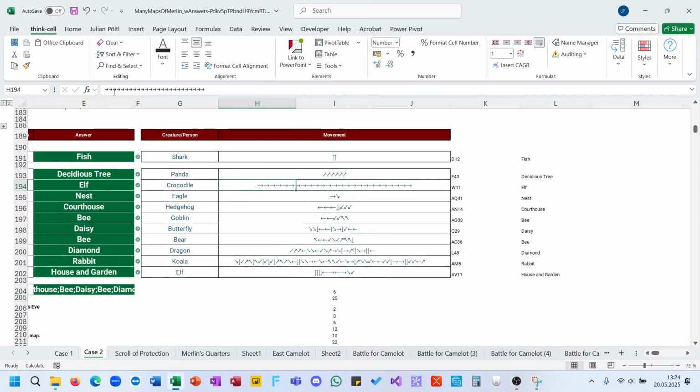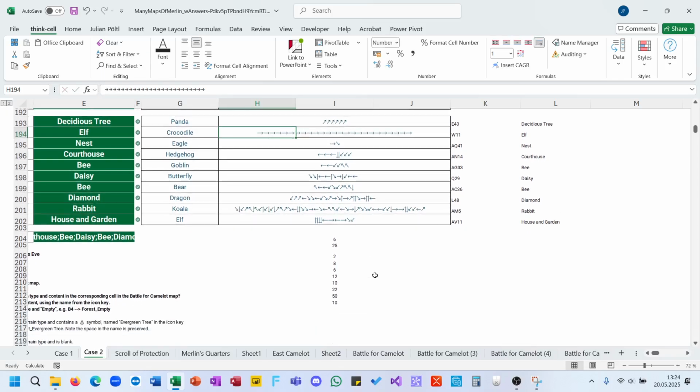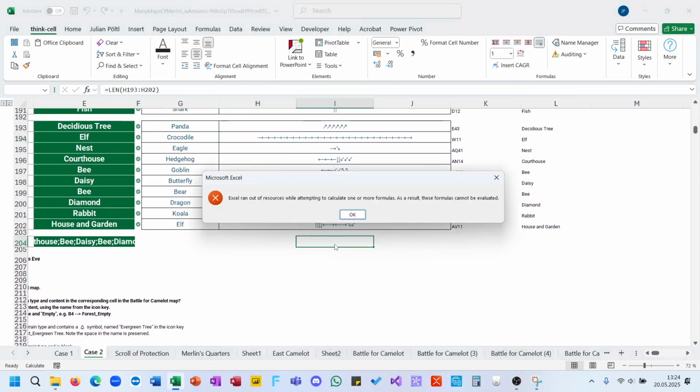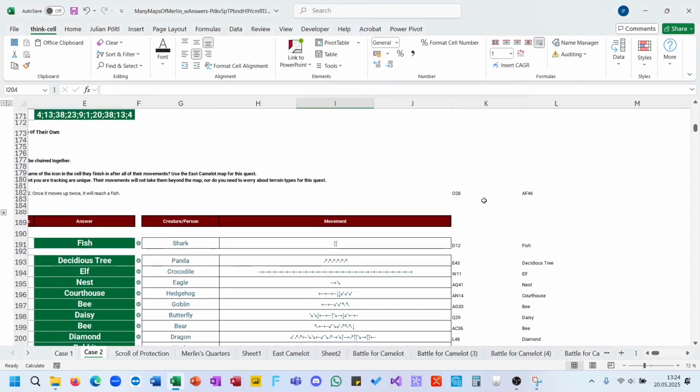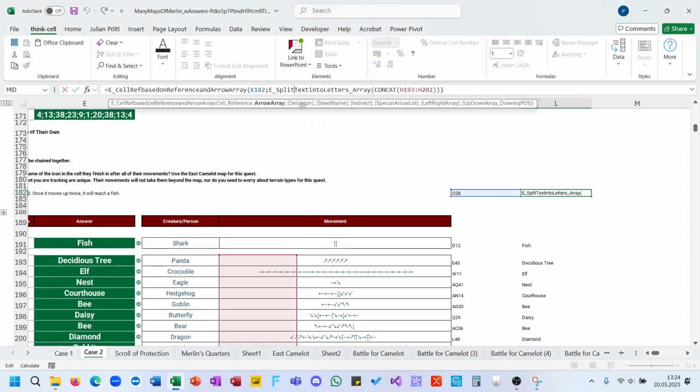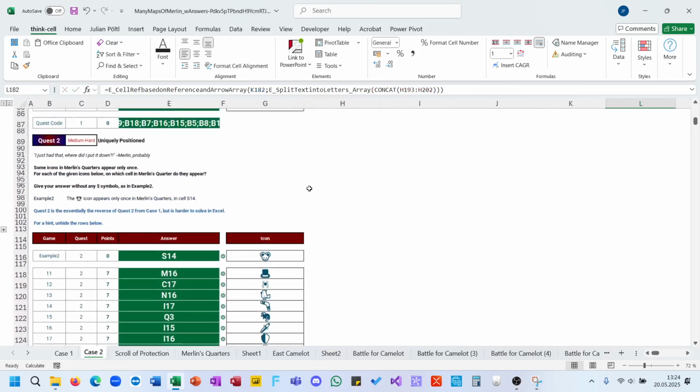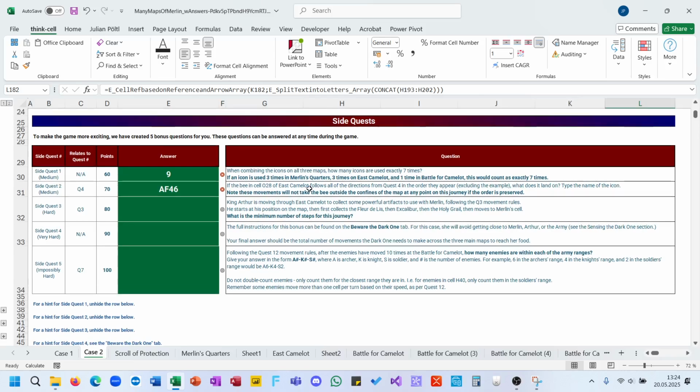There's 25 errors. The length of an error is 1. I know this. And O28. AF46.